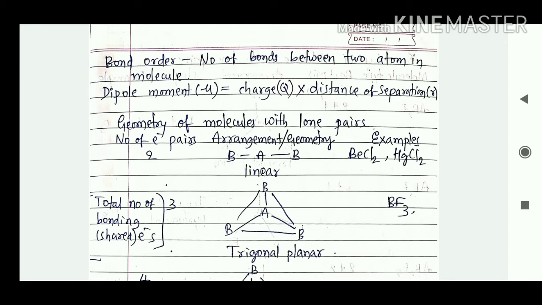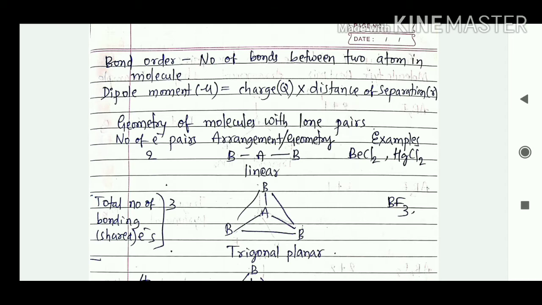First we'll discuss the geometry of a molecule without lone pairs. Here we have the number of electron pairs and the arrangement or geometry, then the example. If the total number of electron pairs in a molecule is 2 and the arrangement is linear, the example is beryllium chloride, BeCl2, and HgCl2.